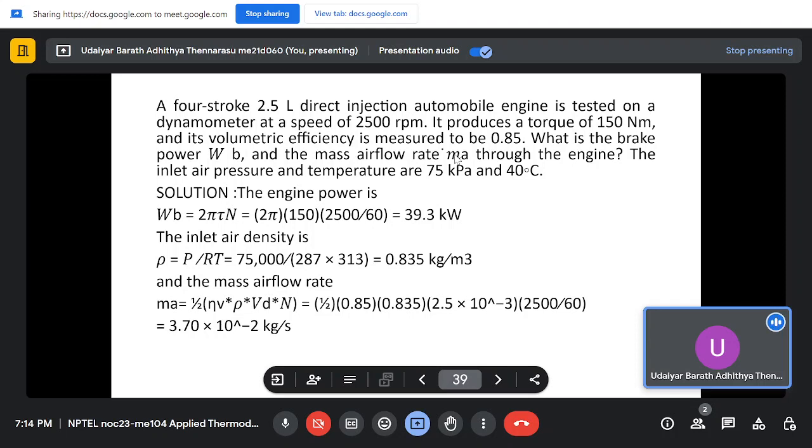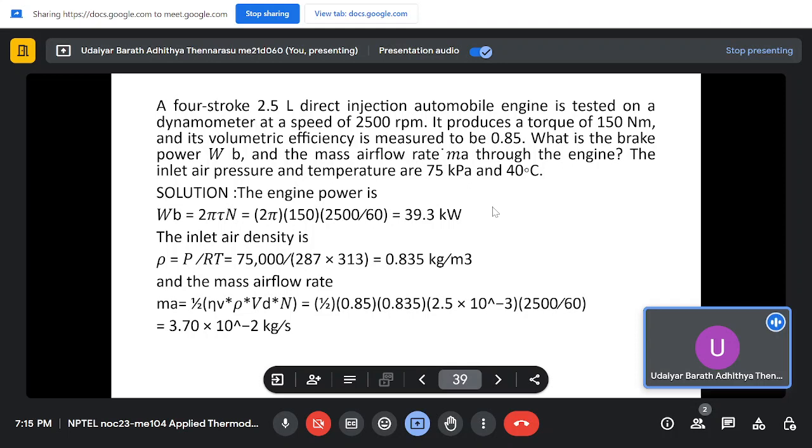It is producing a torque of 150 Newton meter, and its volumetric efficiency is measured to be 0.85. Inlet pressure and temperature are 75 kilopascal and 40 degrees Celsius. So what we need to find is the brake power and the mass flow rate.